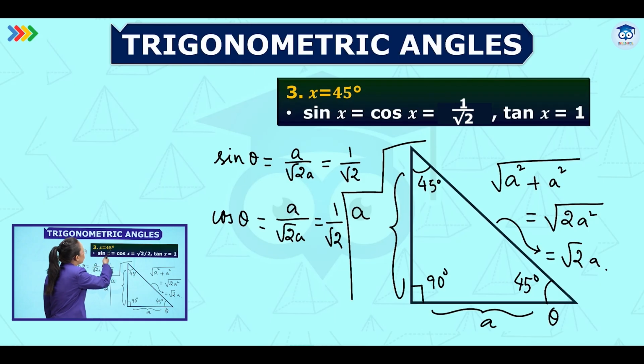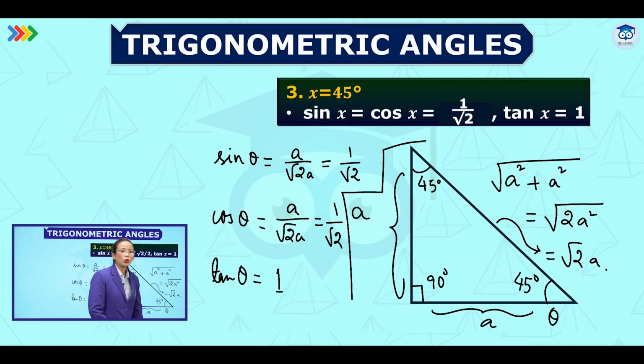Therefore, in general, we write sin x is equal to cos x is equal to 1 upon root 2, that is root 2 upon 2. Right? In this way, we can define tan theta also, that is sin theta upon cos theta, which is equal to 1. So in general, tan x is equal to 1 when x is equal to 45.